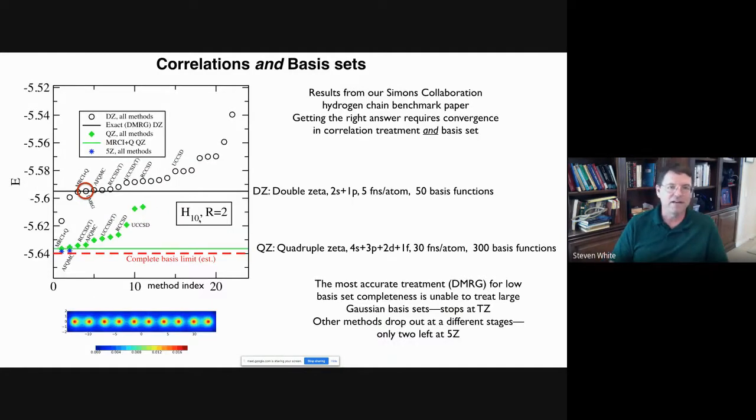Okay, so this is starting off with some results from our Simons Collaboration. We had a paper on the hydrogen chain doing benchmark results with lots of different methods. And we made a database, and I collected them just to show the range of results that you get for H10 at R equals 2.